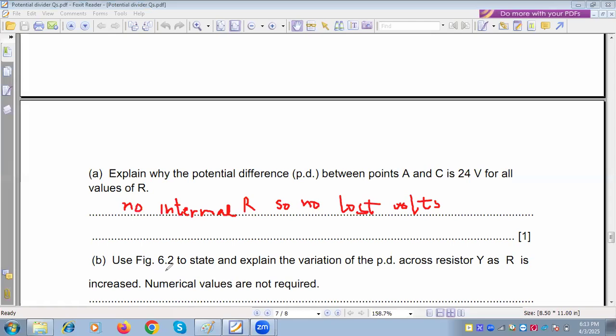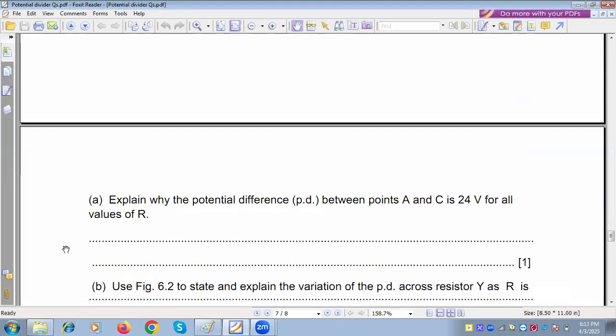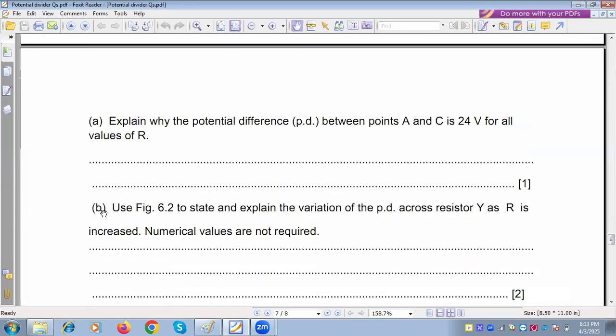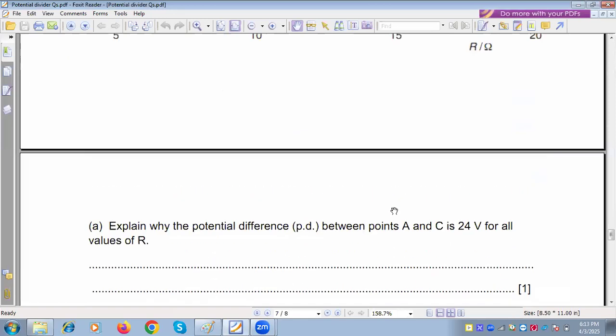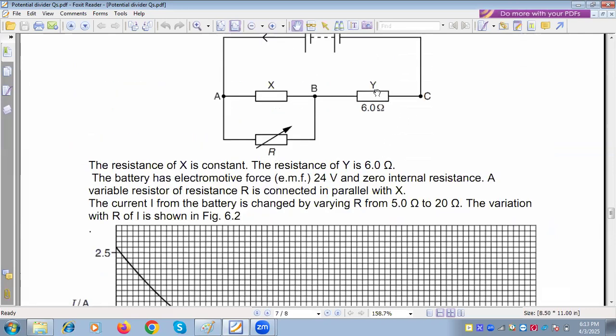Use figure 6.2, that is the graph, and state and explain the variation of the potential difference across Y as R is increased. Numerical values are not required. So here we first have to study the relationship between the potential difference across Y and R. Here Y is this.